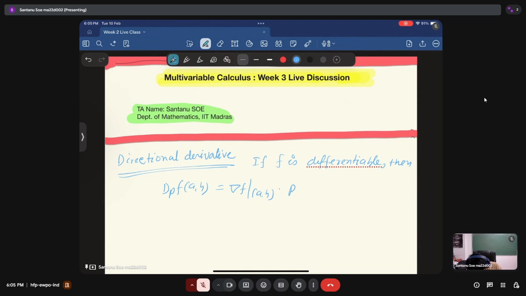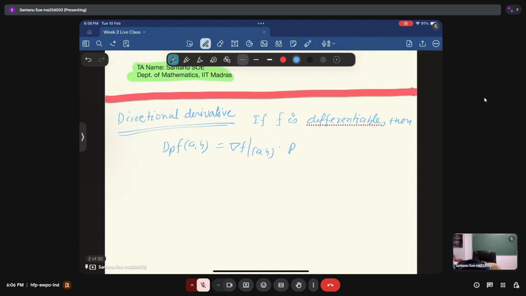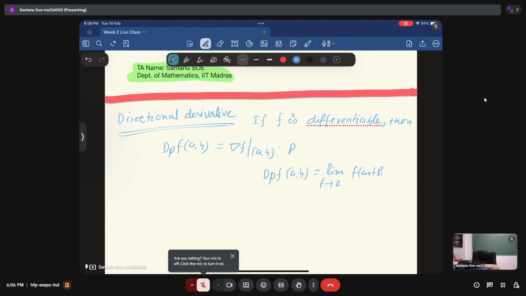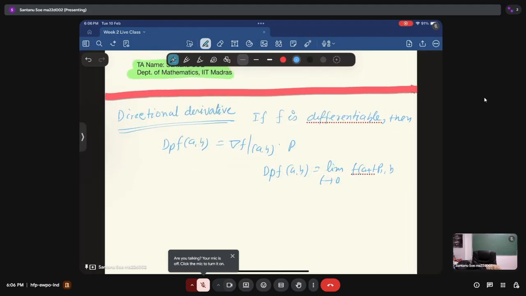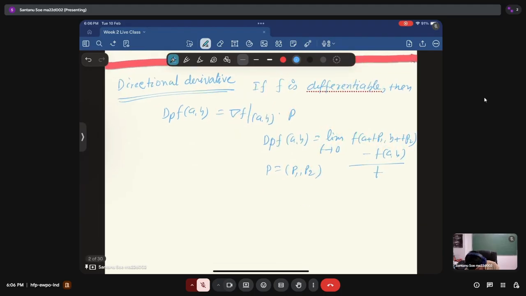Okay, so this D_p f of (a, b) is defined as the limit as t tends to 0 of f(a + t p1, b + t p2) minus f(a, b) divided by t. And okay, so this is called directional derivative. Here p is (p1, p2). Okay, so now let us write the question.